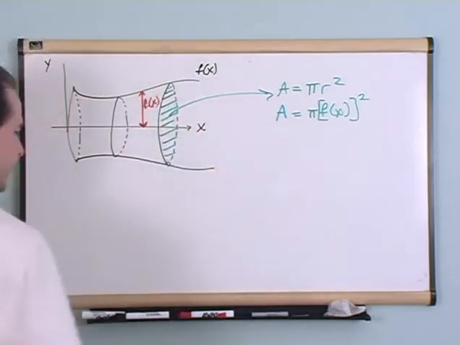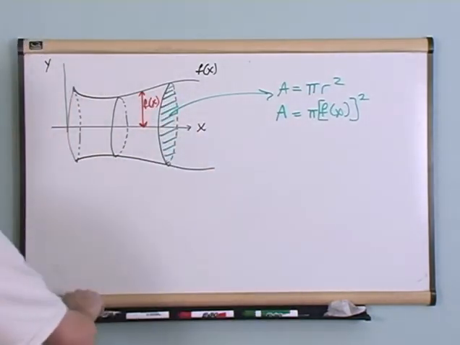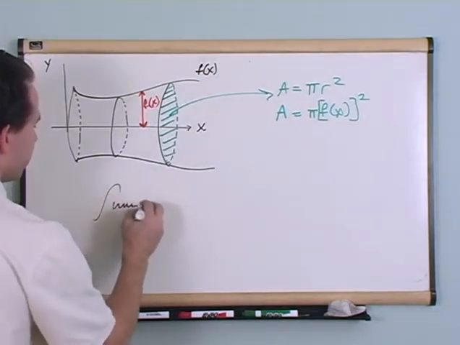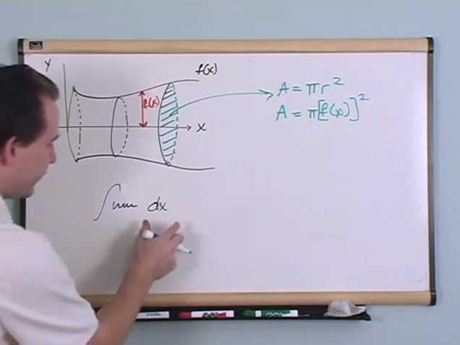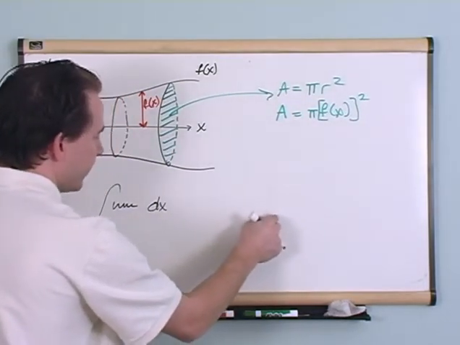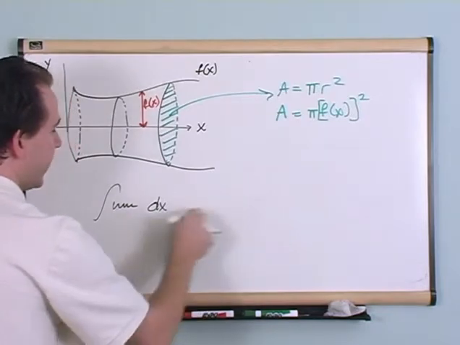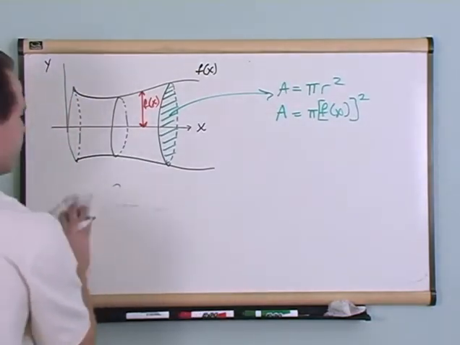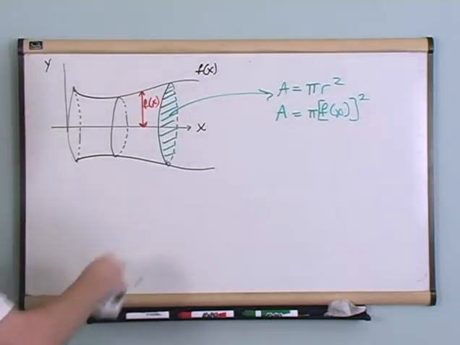So pi f of x squared is going to be the area of this slice. Don't you remember back when I told you what integrals really were? If you have an integral of blah, blah over dx, what you're doing is taking these little slices of a graph, letting the slices become really, really thin, and the integral is adding them all up. It turns out you can do the same thing on a bigger scale.